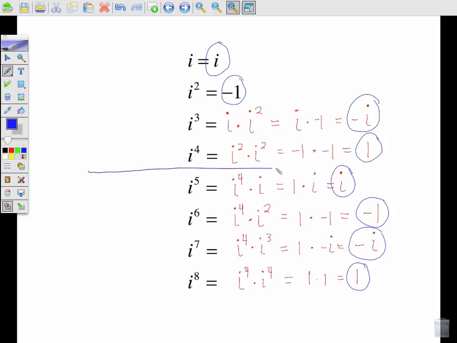It repeats. If you break these into groups of 4, the first 4 repeat in the second set, 5 through 8. So the conclusion that we can make is that this always will repeat. Those are the orders, i, -1, -i, and 1, and we can use that to find higher exponents. It'll always go in this order, i, -1, -i, 1, for every multiple of 4.